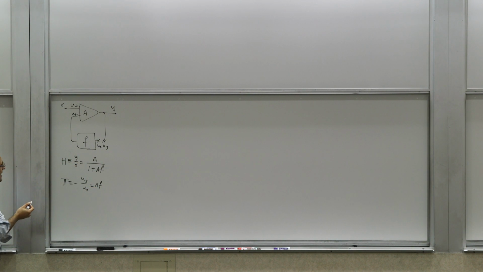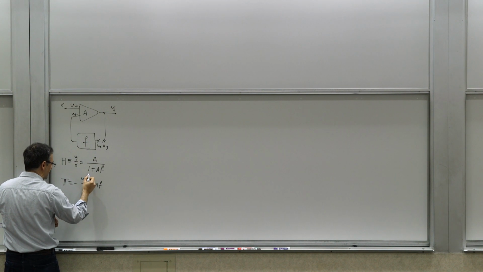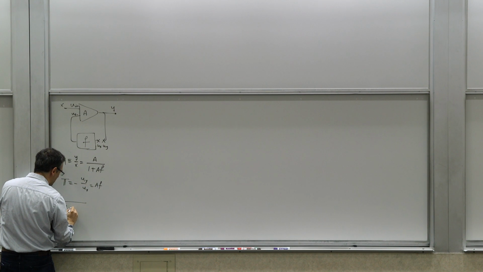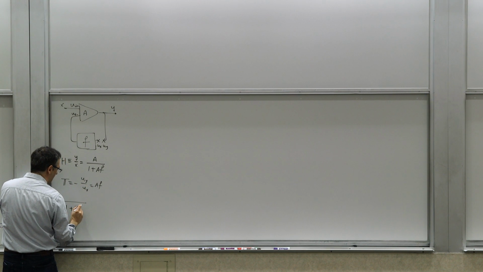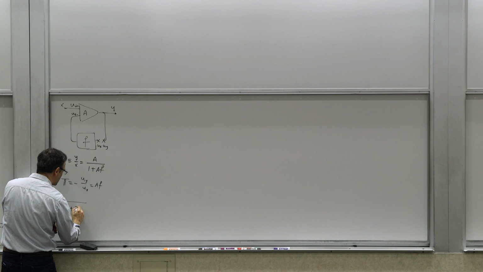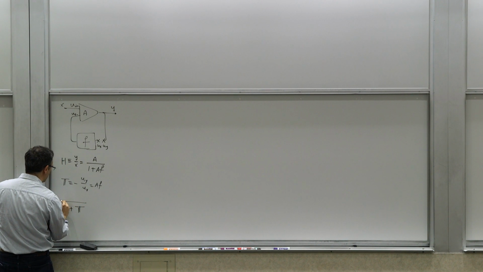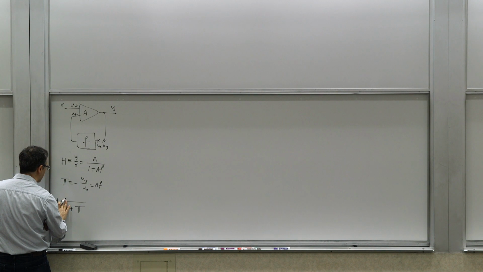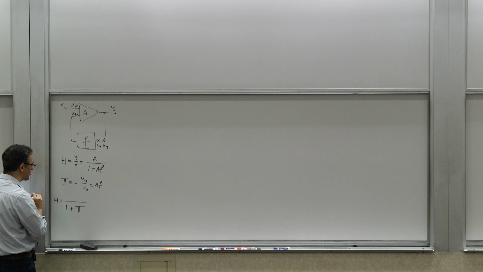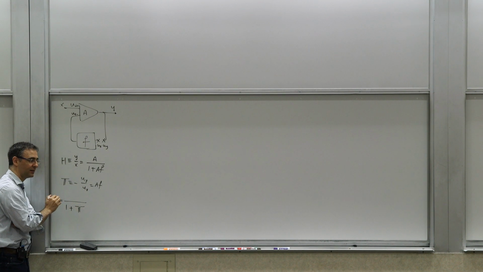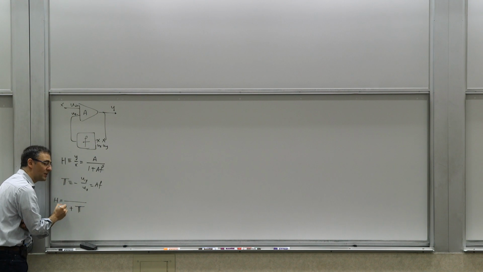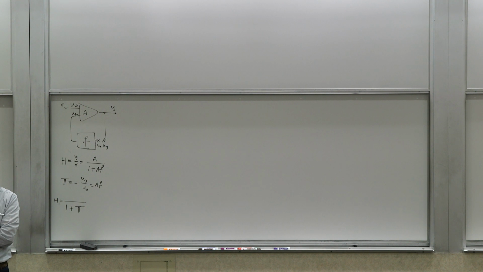So if we want to define something as a general loop gain, it should hold in something like this. In other words, the closed loop transfer function that it produces should have a denominator of 1 plus the loop gain, 1 plus T. So that's one of the things it should look like.